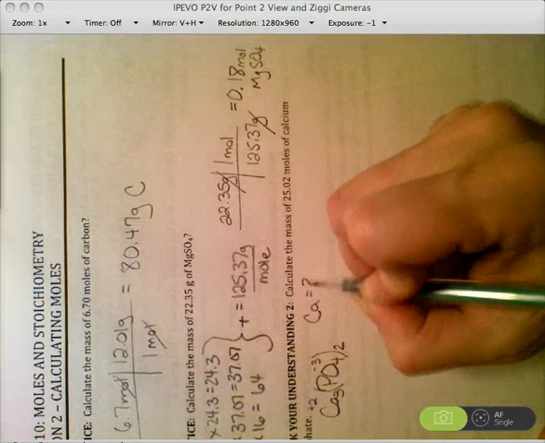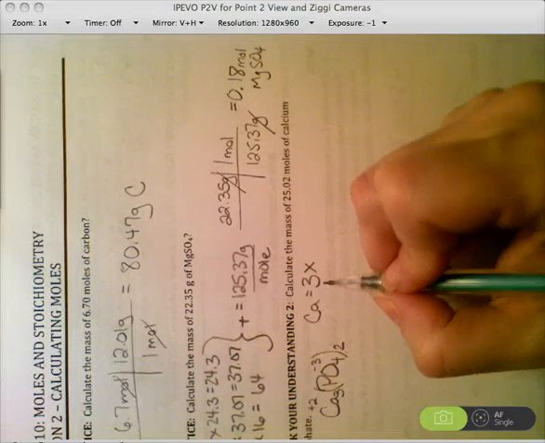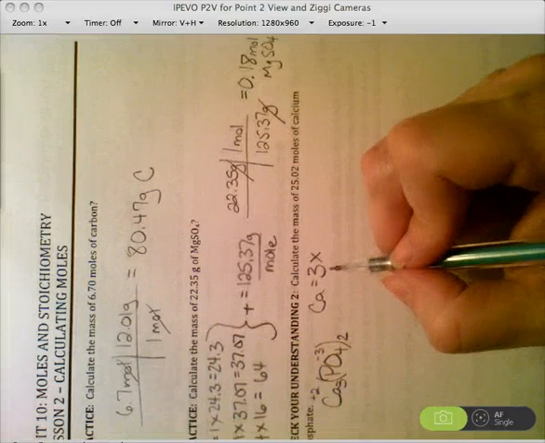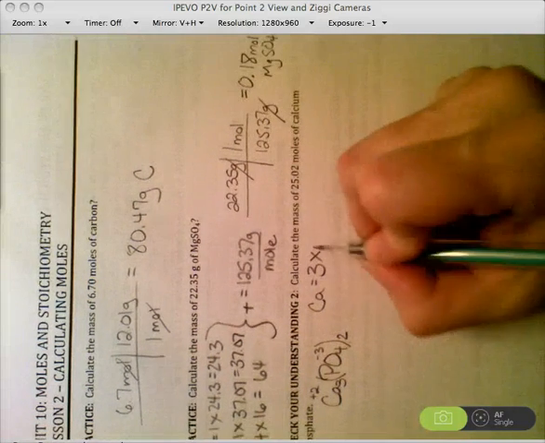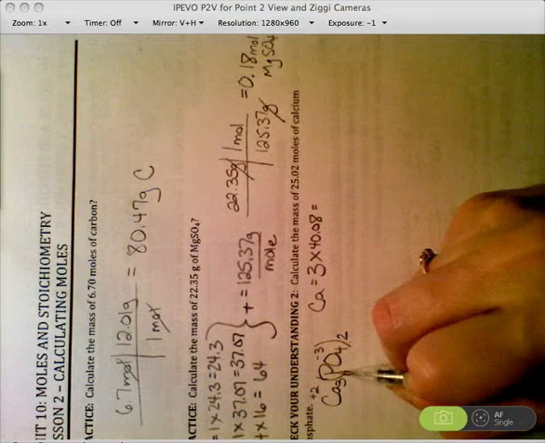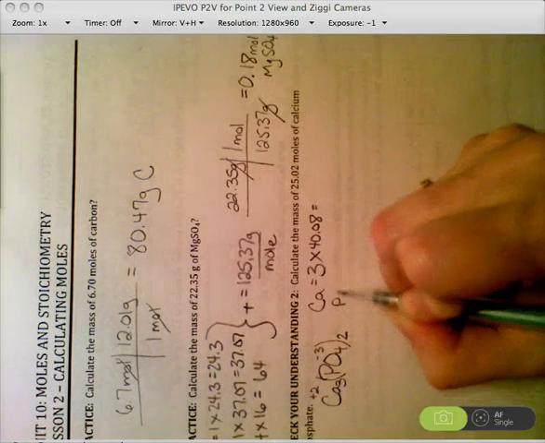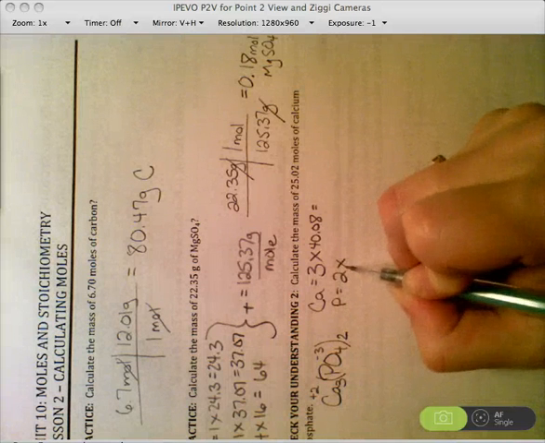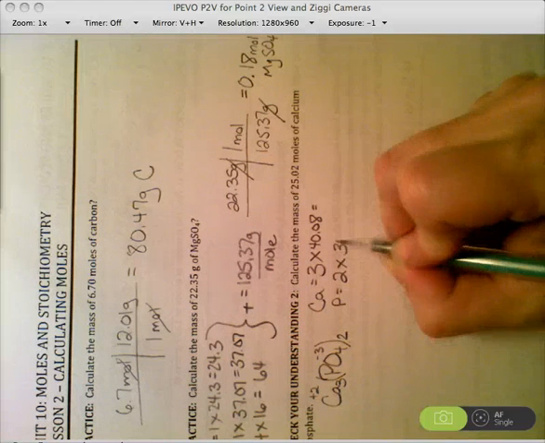How many? 3. And then I'll times that by the mass of calcium, which is 40.08. And phosphorus, how many? 2. So 2 times the mass of phosphorus, which is 30.97.